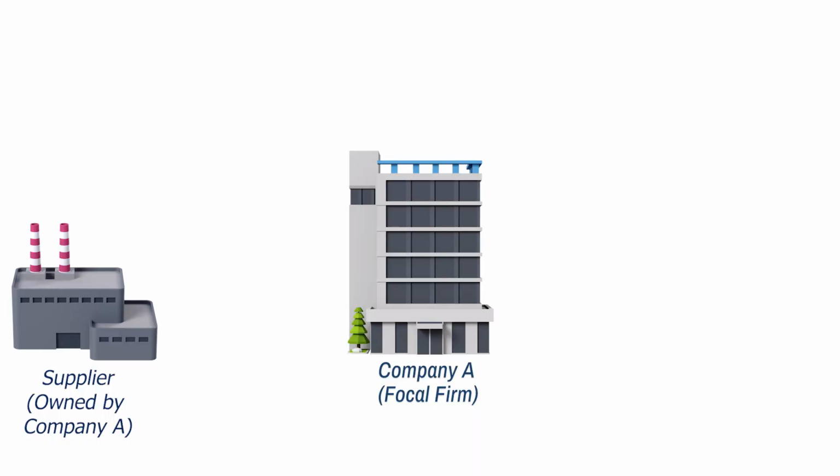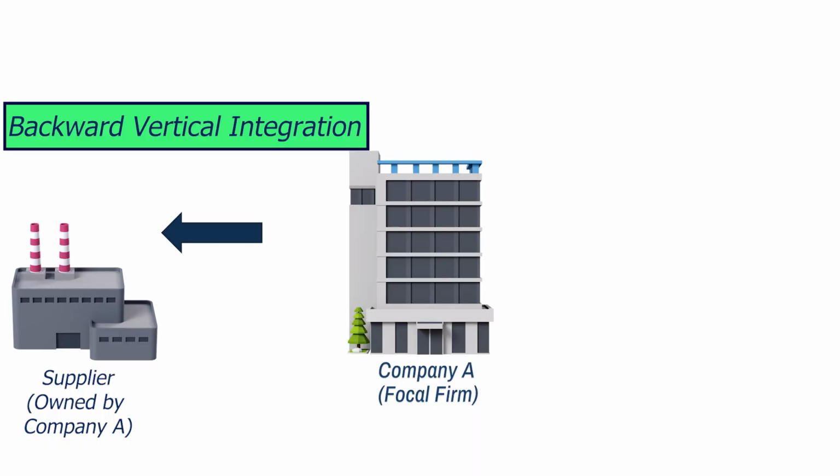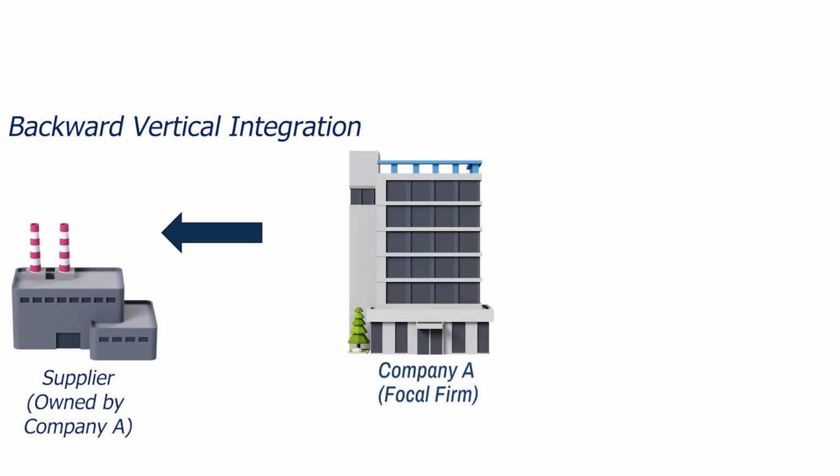Company A just essentially implemented backward vertical integration because they went backward on the supply chain. Remember, it starts with the supplier and it moves forward, right? So because the focal firm is in the middle, if they move back and purchase the supply aspect, they are implementing backward vertical integration.